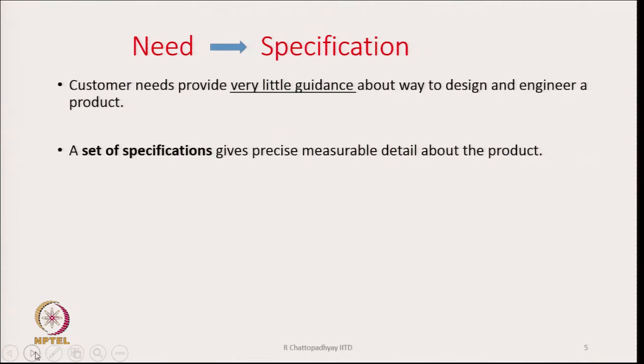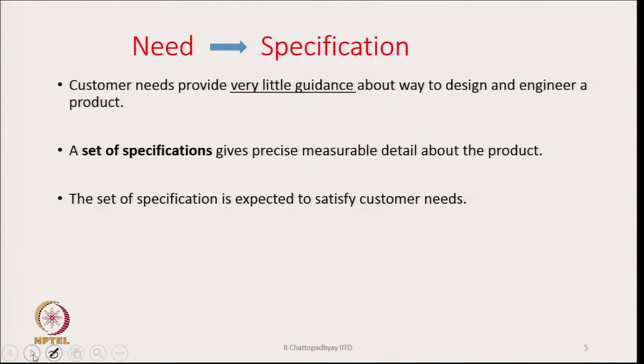A set of specifications gives precise, measurable detail about the product. That is what is required before we start the real designing process. The set of specifications is expected to satisfy the customer needs. So, keeping in mind the customer need, the specification has to be set up, and we have to make sure that the specification is satisfying all the needs of the customers.